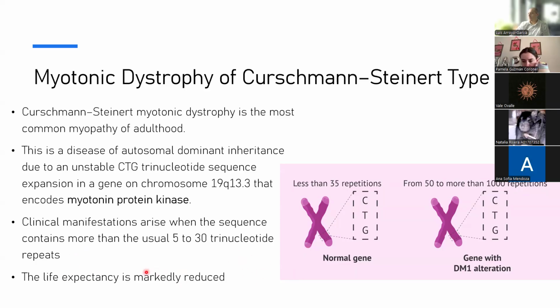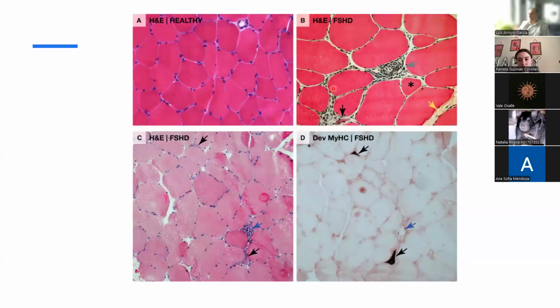Here the life expectancy is markedly reduced, but it doesn't say how much. So maybe in this one it should have been before. So we have which generates the worse prognosis, but we're going to have it down in the table.